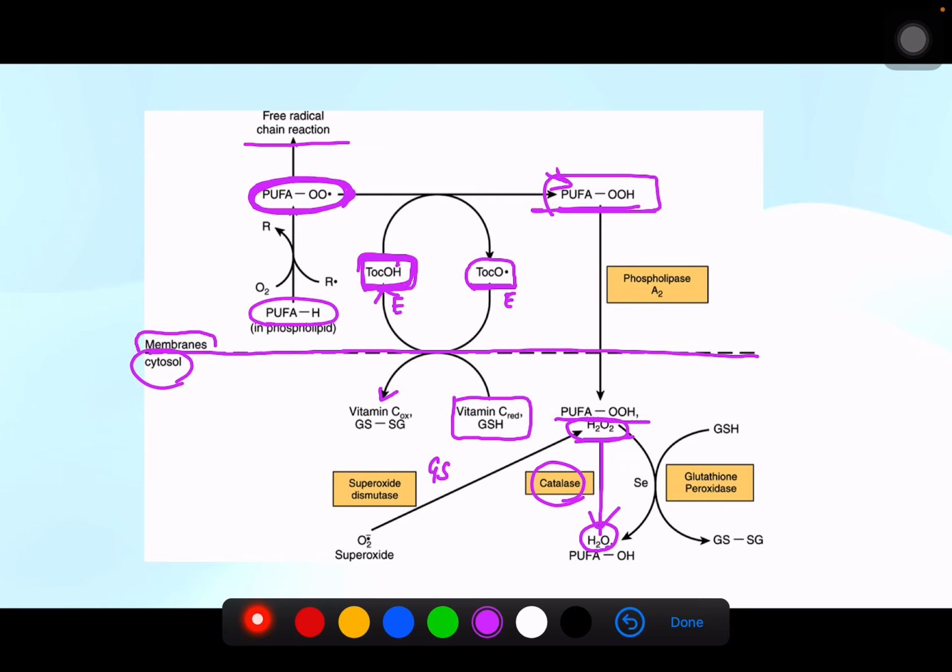Now this is done not only by the catalase enzyme but also by the mineral selenium. So selenium can also convert hydrogen peroxide to water. And in this reaction, what is needed? The reduced glutathione has to get converted to oxidized glutathione by the glutathione peroxidase enzyme.